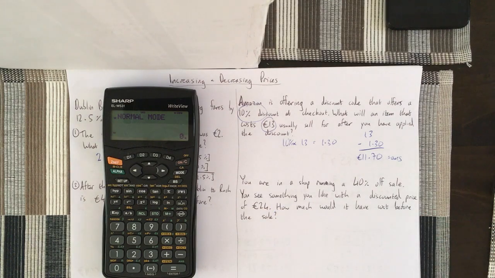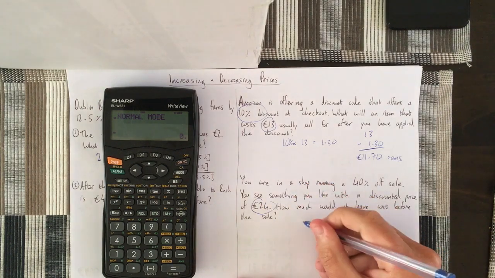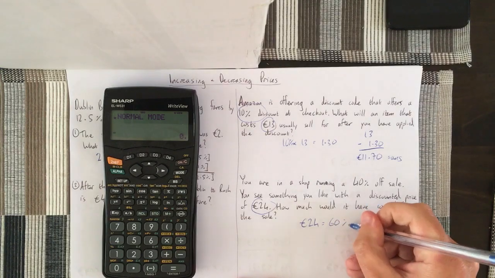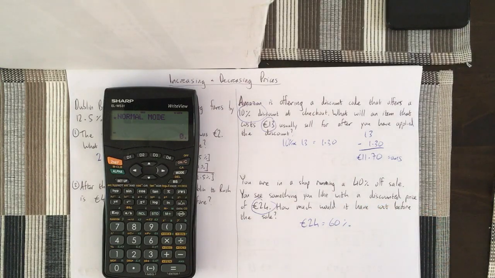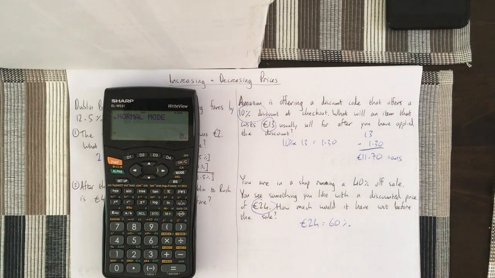So if you take 40% away from something, how much of it have you got left? 60%. So the €24 is 60% of your original selling price. You're looking for the 100%, how much it would have cost before.